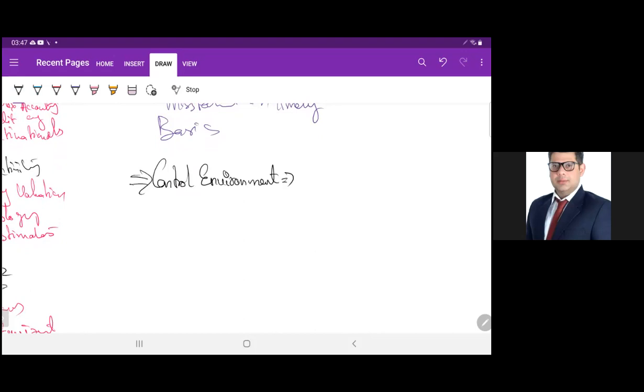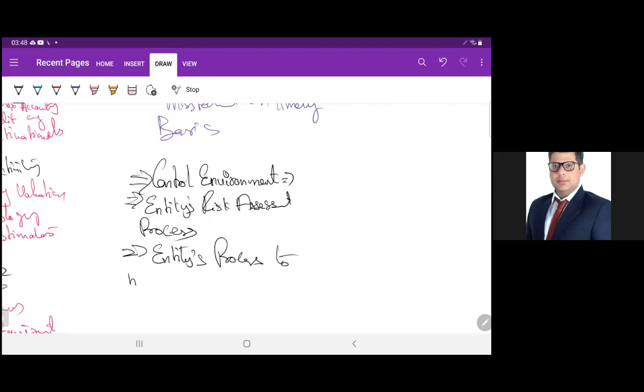The control environment, or you can say the entity's risk assessment process, and the entity's process to monitor the system of internal control.